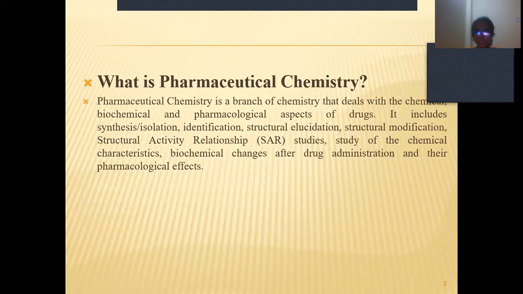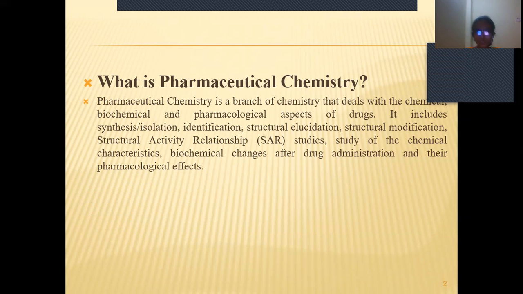Before discussing inorganic chemistry, let's discuss what chemistry means. Inorganic chemistry, organic chemistry, biochemistry, all these subjects come under pharmaceutical chemistry. So these subjects are the parts involved in pharmaceutical chemistry.